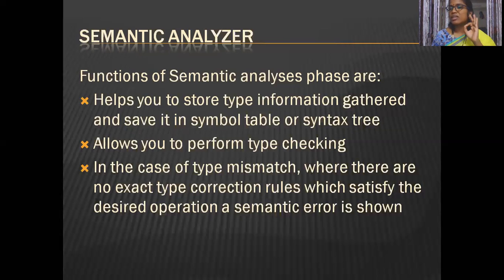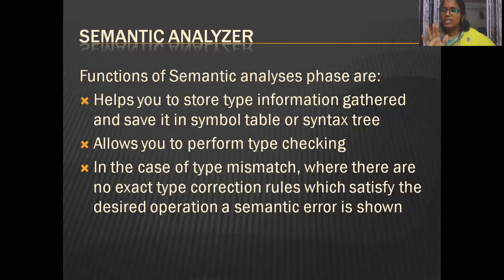So if a number is indicated that it can hold only integers, suppose A is told that A can hold only integers, if you have given it as 2.5, it is not a syntax error, because A is equal to 2.5, no problem. It is some value which is assigned to a number. Syntax error is not there, but there is a semantic error because of type mismatch.